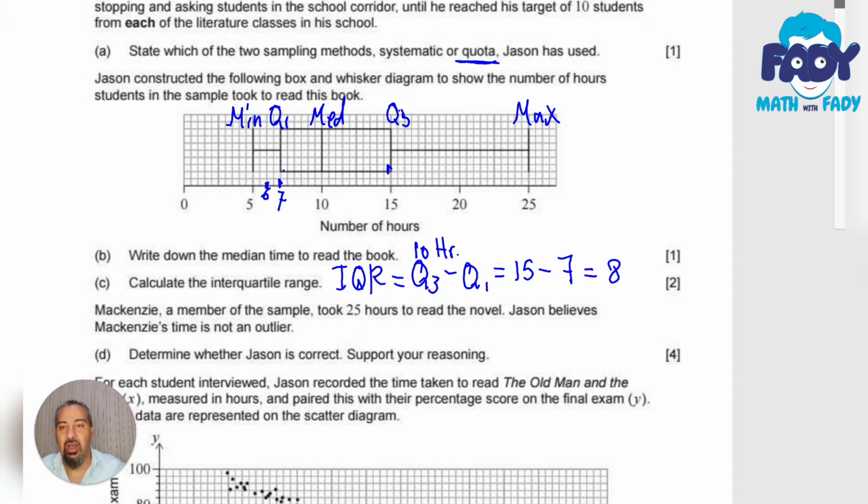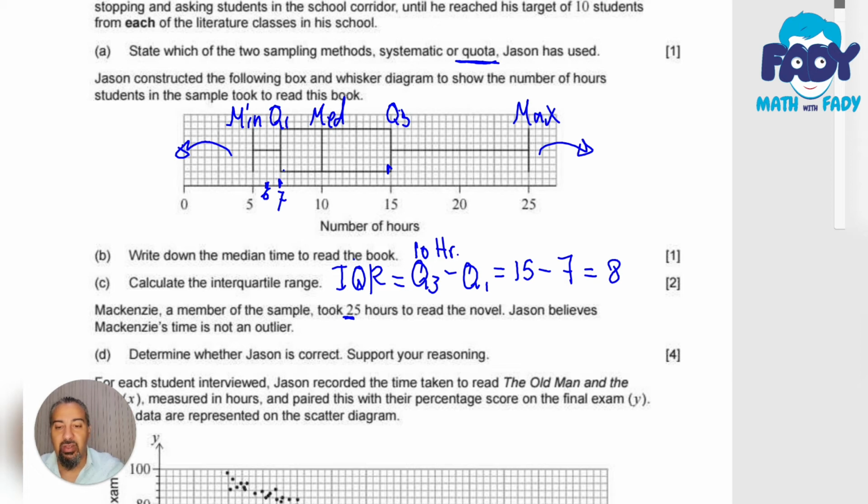We have an upper boundary and a lower boundary. The upper boundary is for numbers above the maximum, and the lower boundary is for numbers below the minimum. And here we are talking about 25 hours, so this is in the upper boundary.